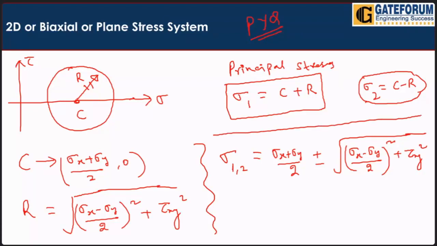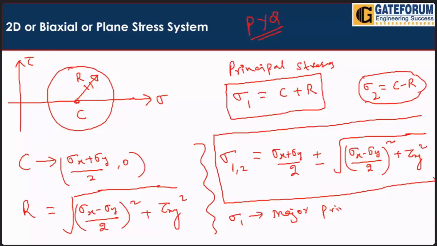So here we have sigma 1, 2, that is the principal stresses. Sigma 1 is known as the major principal stress, and sigma 2 is known as the minor principal stress, because this one is the smallest.